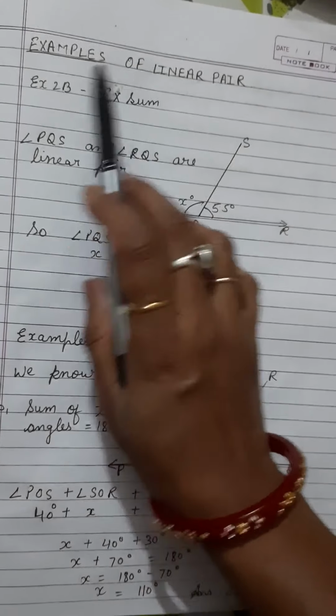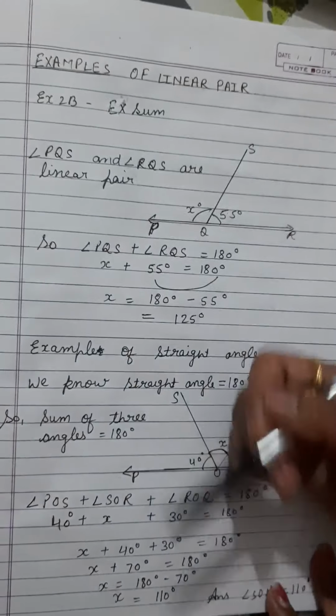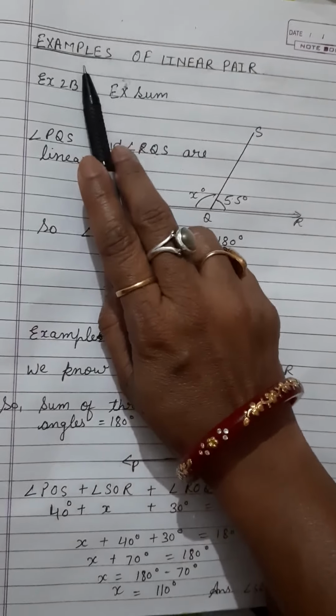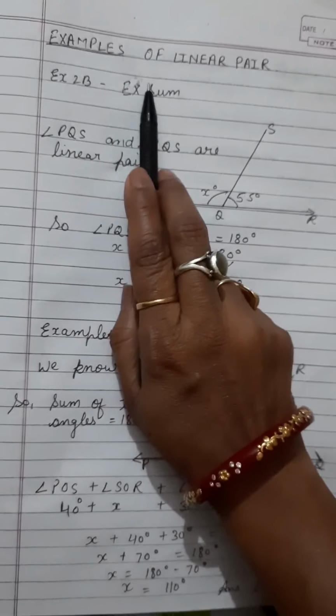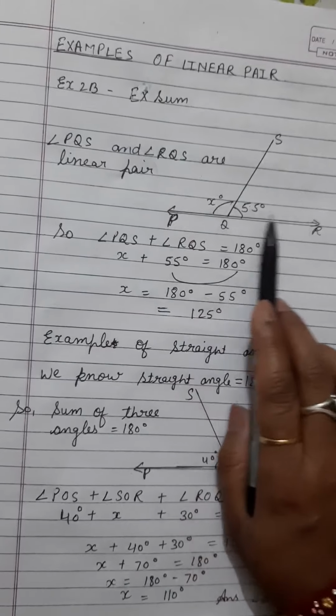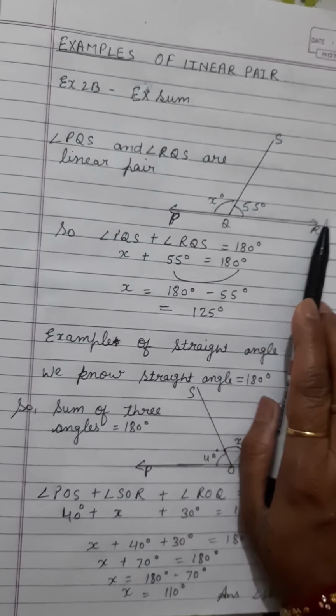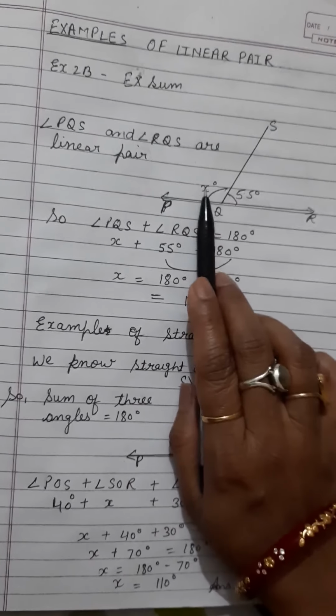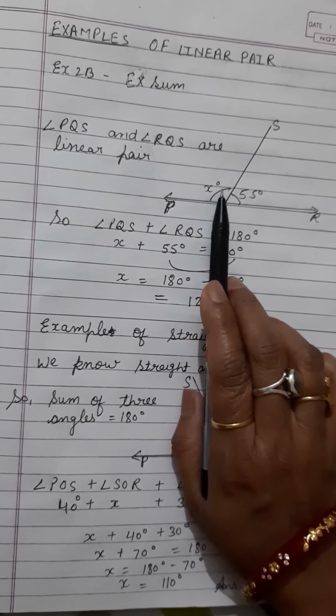Students, I will take some examples to explain to you. So the first example is an example of a linear pair. In this sum, you are looking at a linear pair. One angle is given and you have to find the other angle.